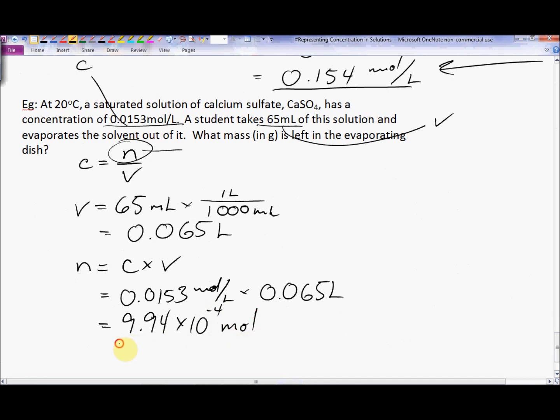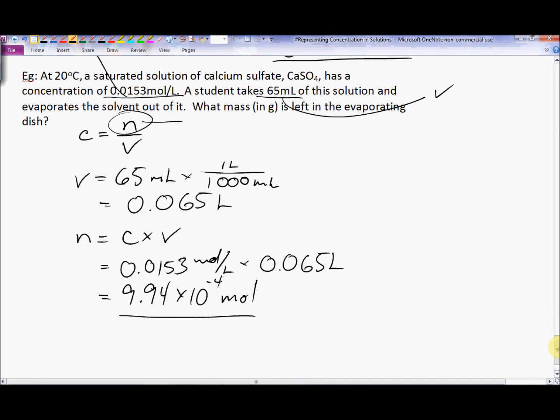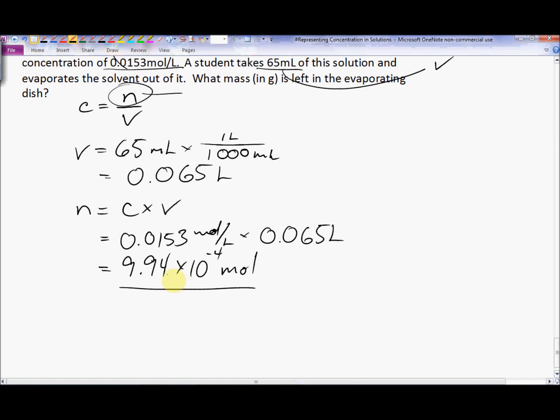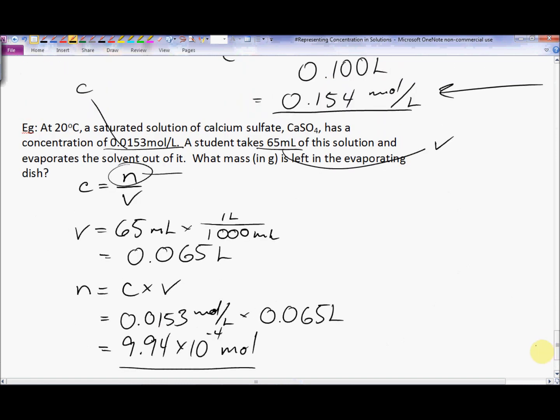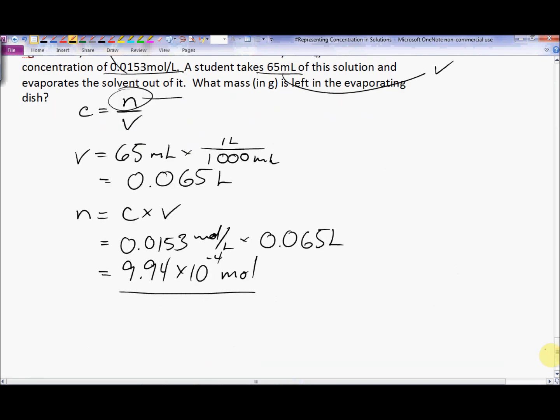Okay, so there are that many moles in a solution with this concentration, 0.0153 moles per liter, and this much volume. That's how many moles we get out of it. The mass of that is just going to be multiplied by the molar mass now. So the material, again, was calcium sulfate.